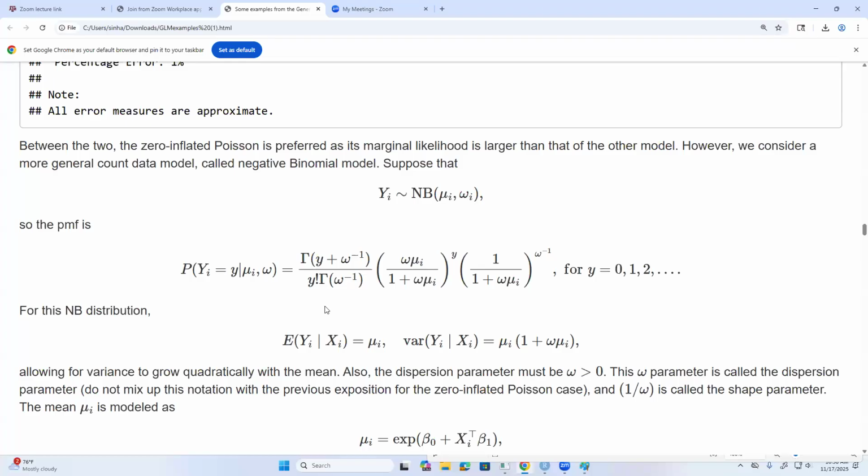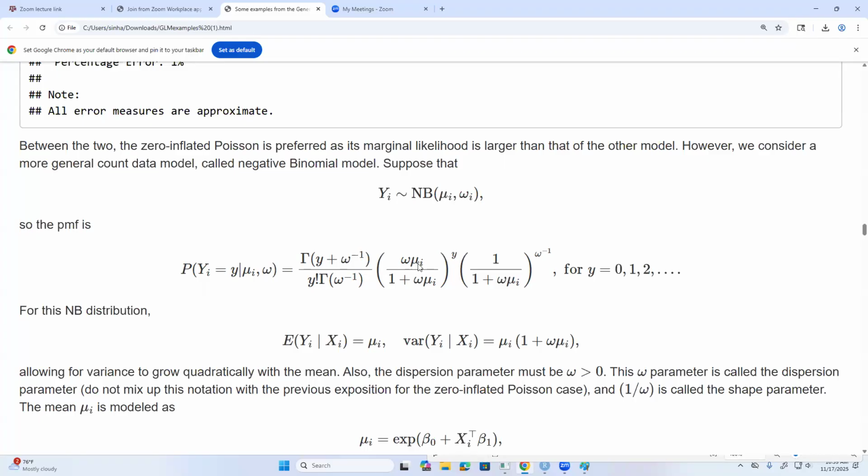But over here, this is the negative binomial distribution probability mass function. Obviously you do not need to remember this expression. I also don't remember the expression, but what I understand is that there are two parameters. One is omega, another is mu i.